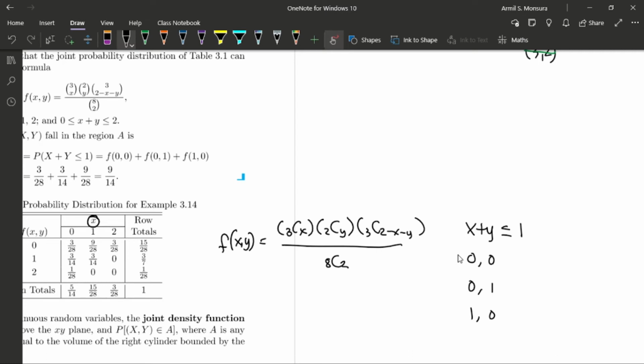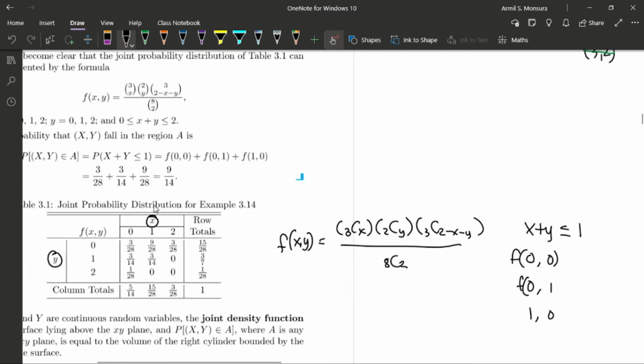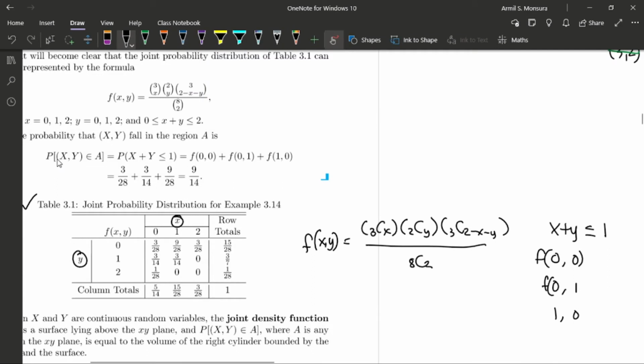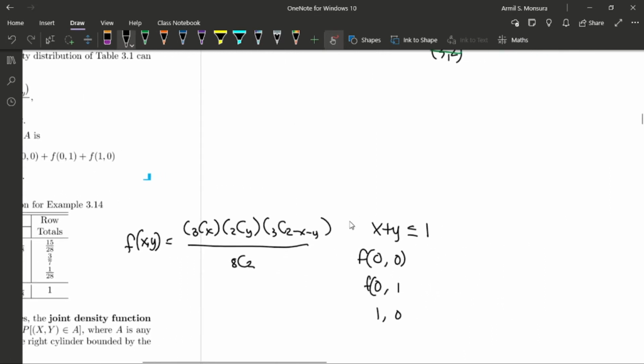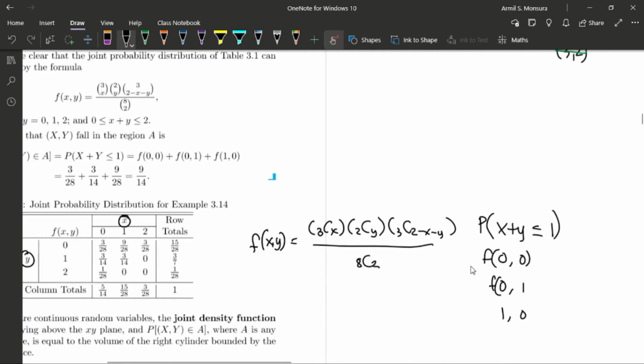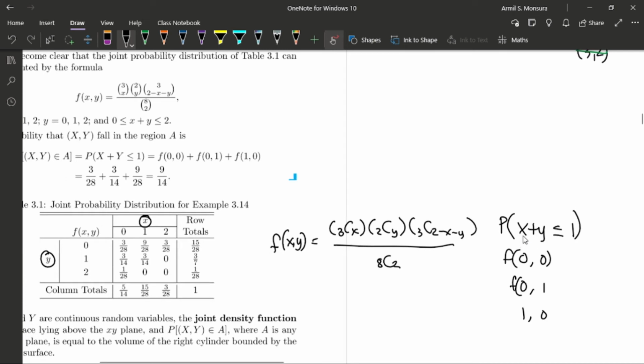So which means that we are asked to find the probability that your values would be within this region, and that region is this one. We are looking for the probability that the values you have have a sum less than or equal to 1.